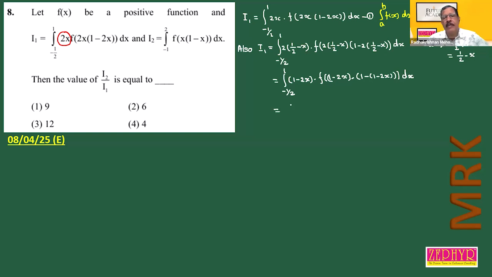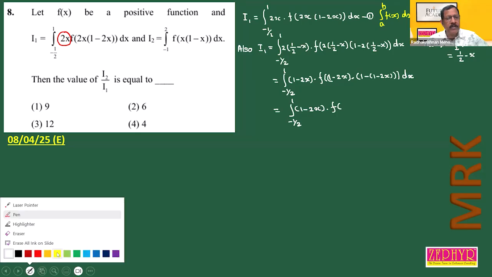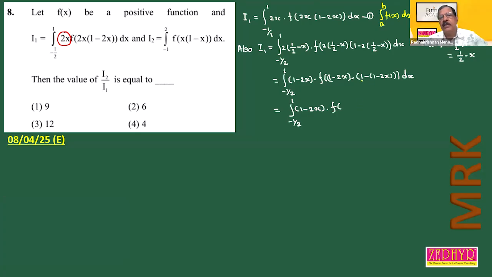So this is nothing but the integral from minus 1 by 2 to 1 of 1 minus 2x into f of. Now, when you simplify this, what are you getting? 1 minus 1 minus 2x, that 1 and 1 get cancelled, you are getting 2x only.